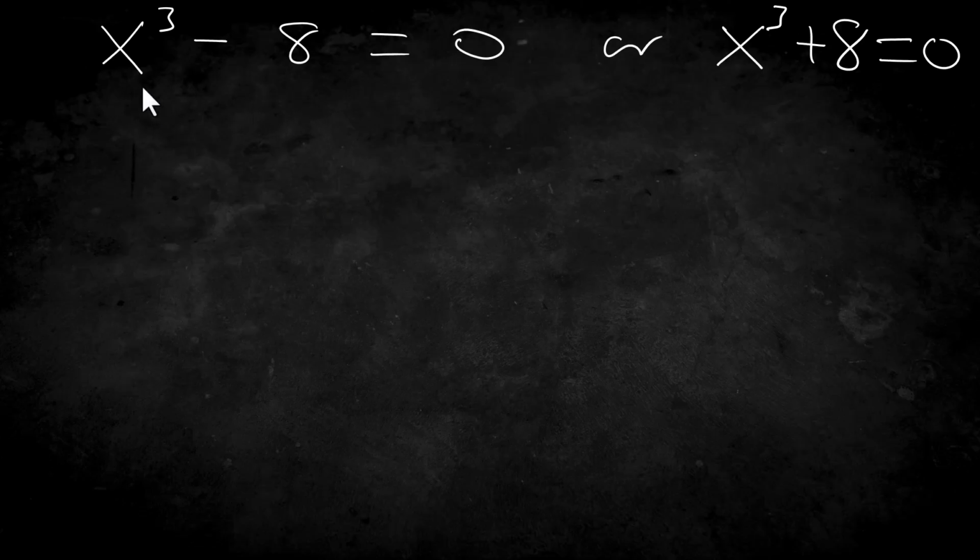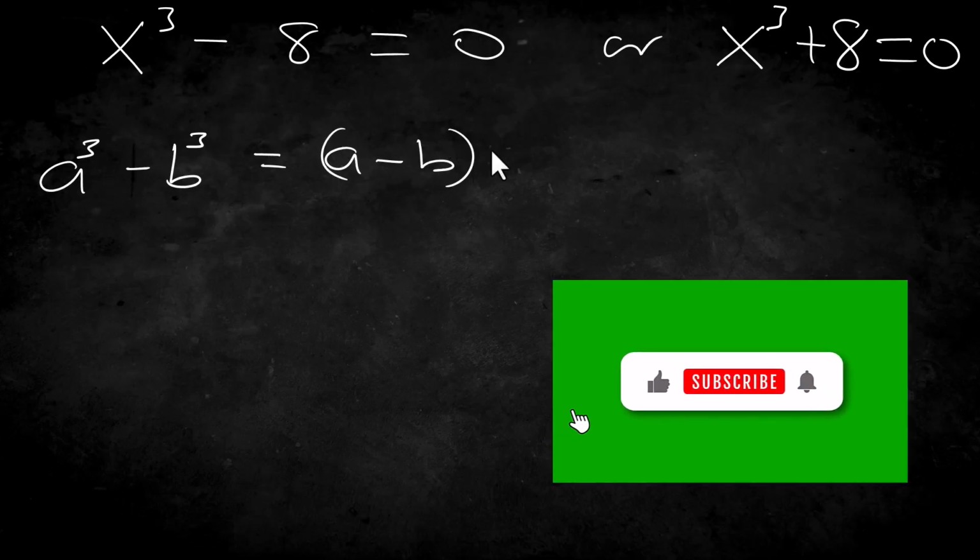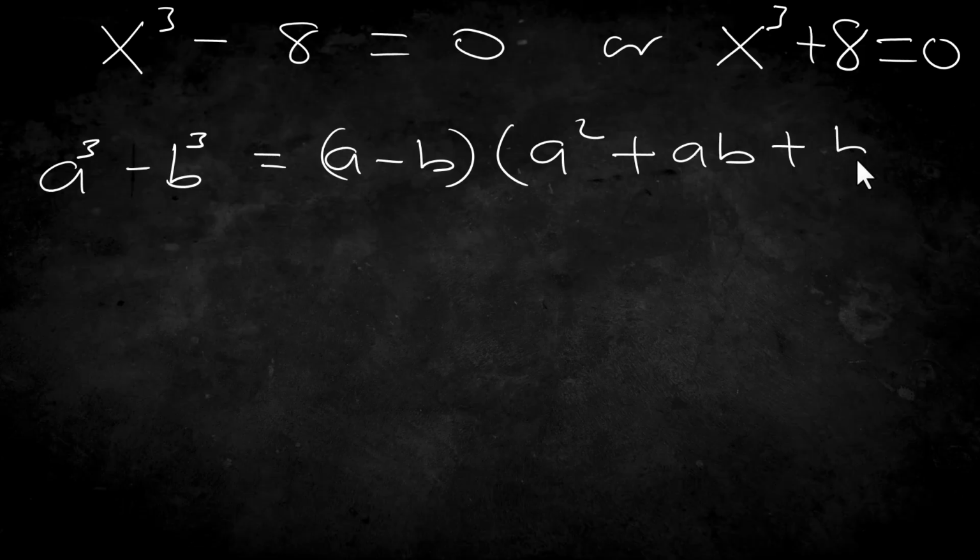Now this one is a typical difference of cubes. When you're given a cubed minus b cubed, it is the same as a minus b times a squared plus the product of a and b plus b squared.